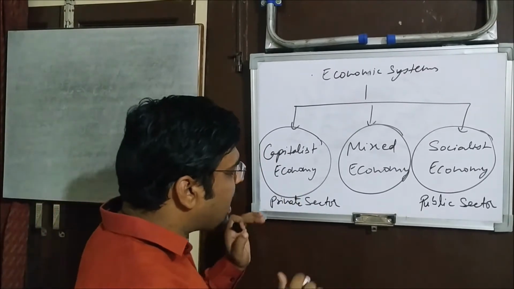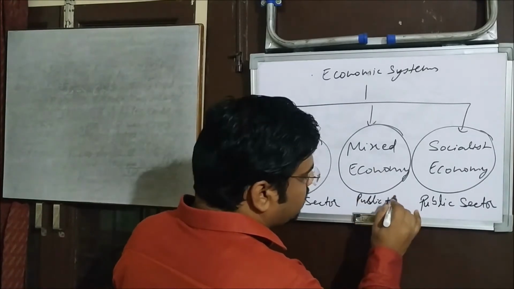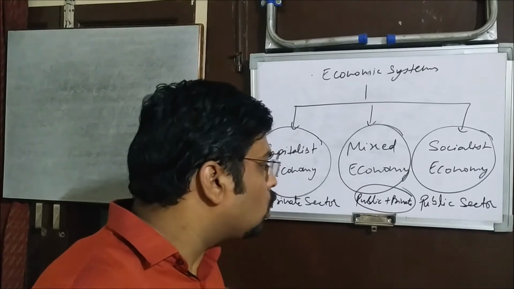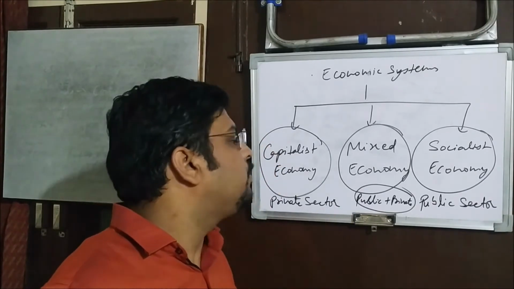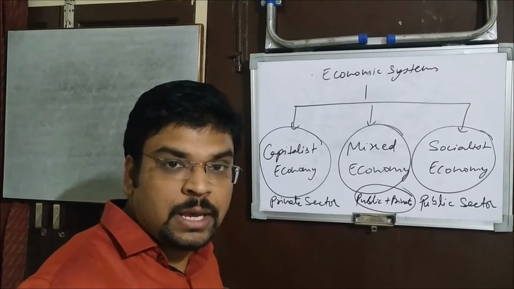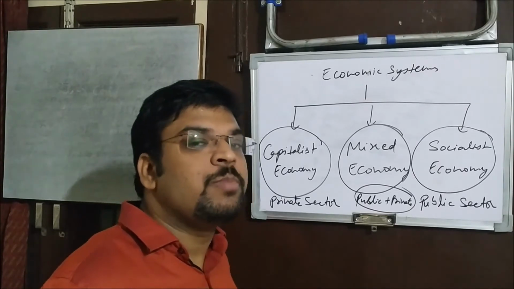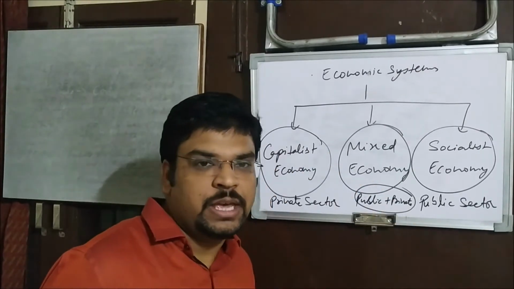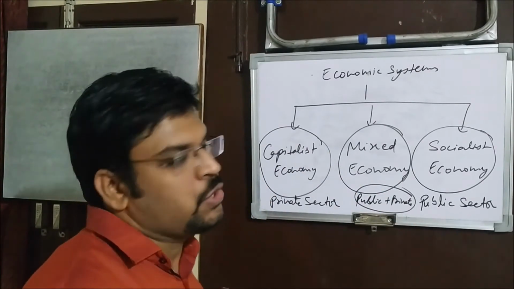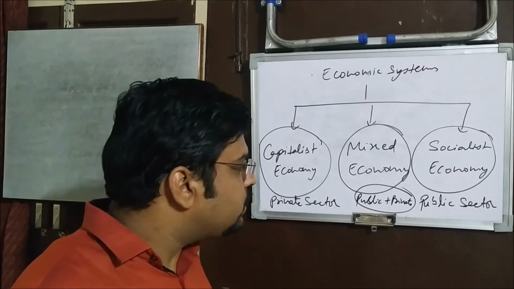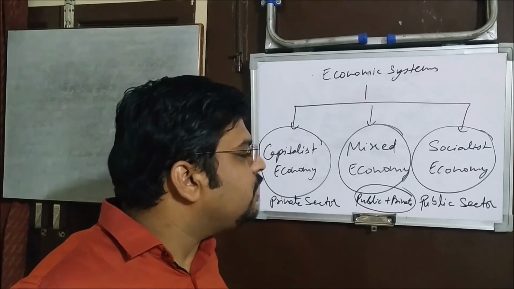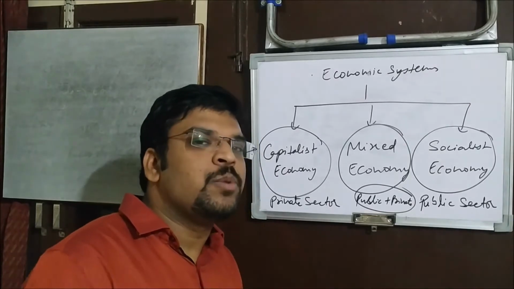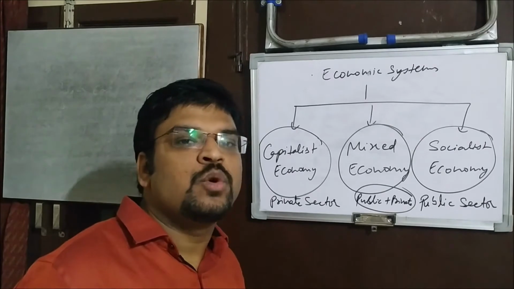Here, public plus private both have a role in nation building. The role of both sectors, public and private, is important, but the controlling power, the remote control, lies in the hands of the government. That is the feature of the mixed economy. Because if we leave everything to the private sector, many people are below the poverty line and they are definitely going to suffer a lot.